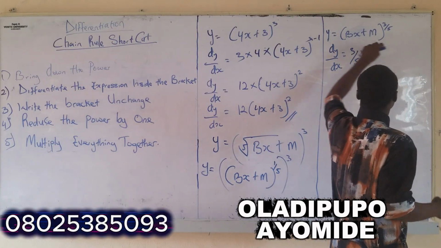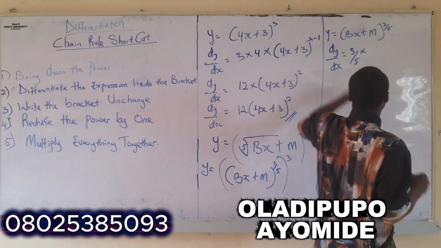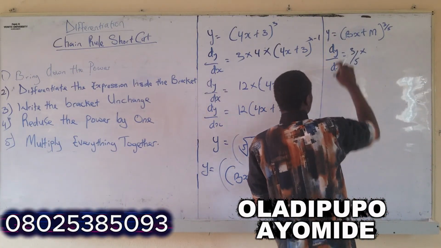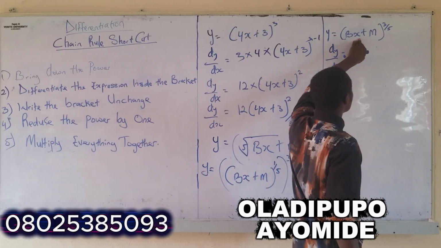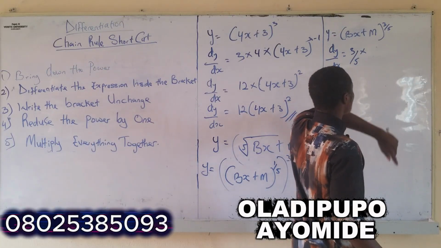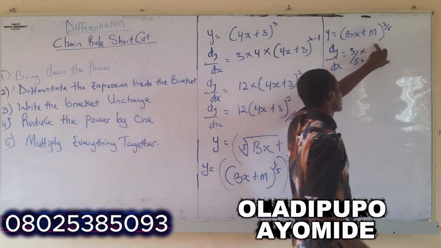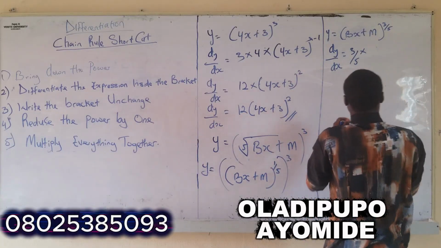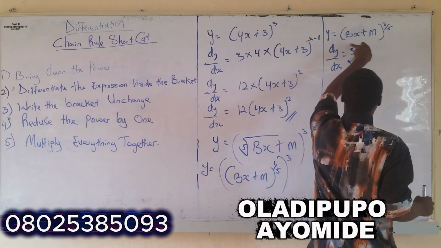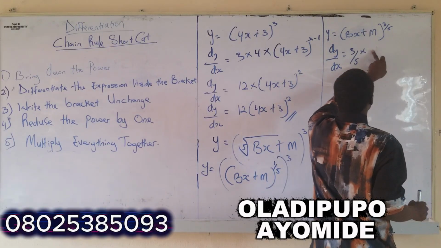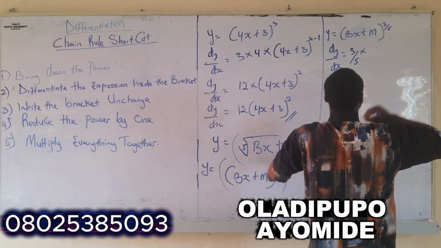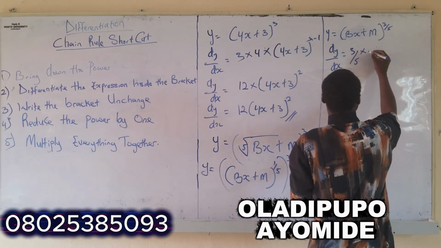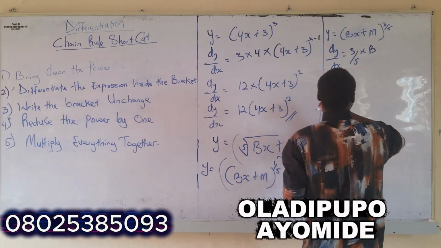This is a term with x. Whenever you differentiate a term with x, the derivative is the coefficient of x. If I differentiate bx, b times 1, 1 minus 1 becomes 0, x raised to power 0 becomes 1, and b times 1 becomes b. So here you have b.